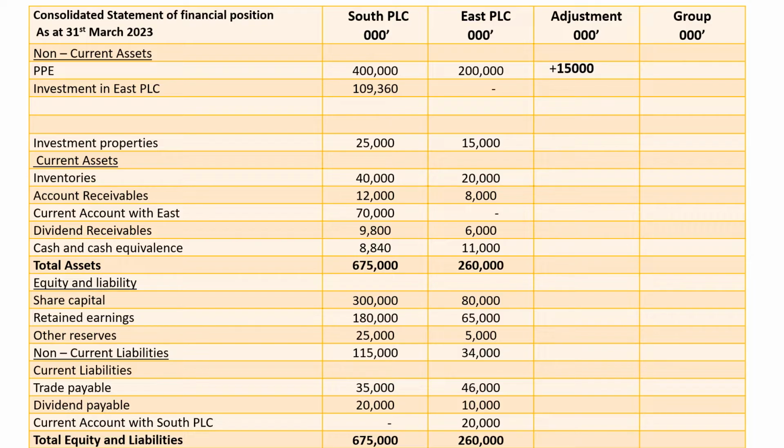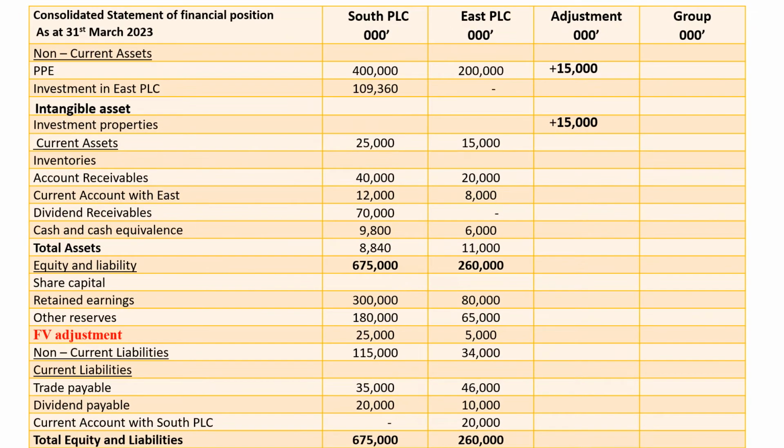Therefore, we add the remaining 15,000 into the intangible assets. A total of 30,000 should be credited to the fair value adjustment. This is a capital sort of reserve in the consolidated statement of financial position. You can utilize it and distribute it among the parent as well as the non-controlling interest later.